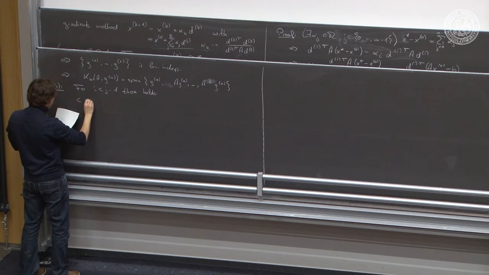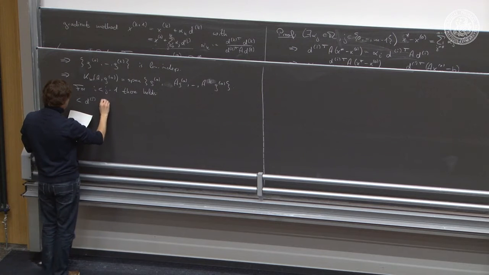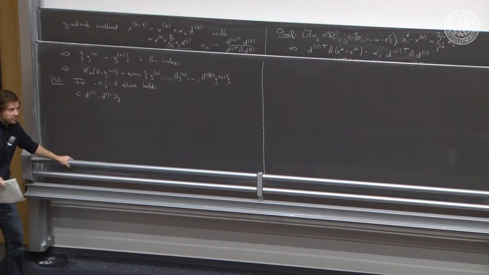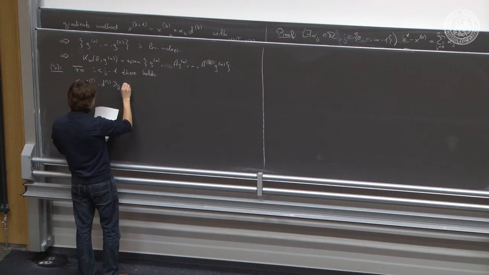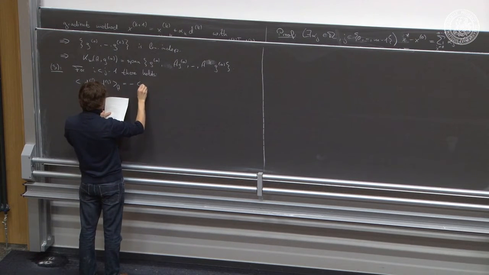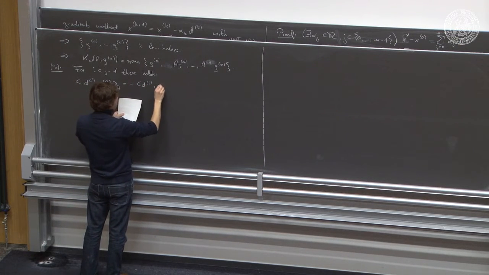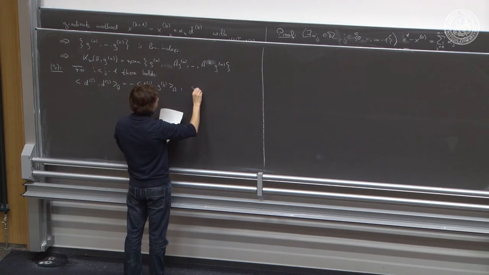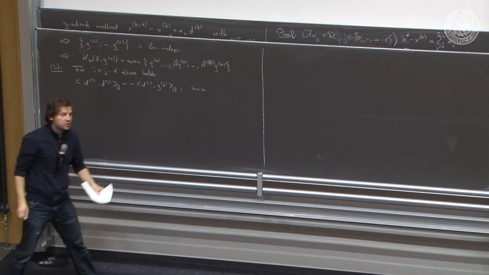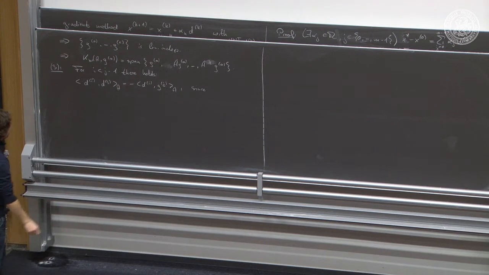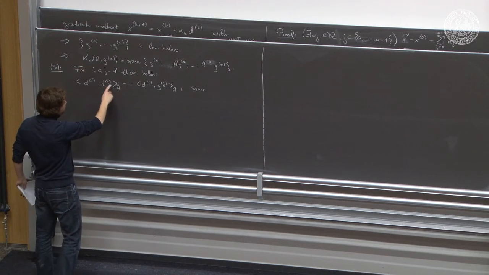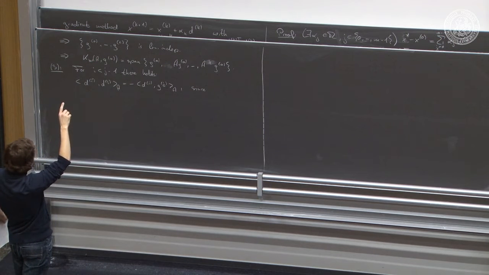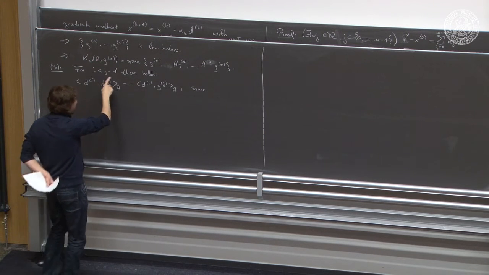Then we have d_i and d_j in our energy scalar product. This is nothing but minus d_i and A g_j. This is again by induction, since we rewrite d_j as minus g_j plus beta_k d_{j-1}.